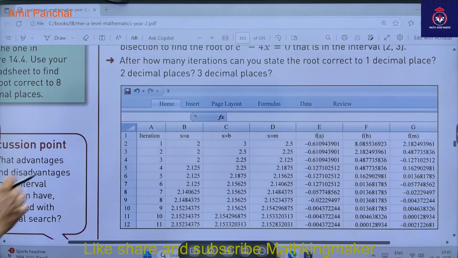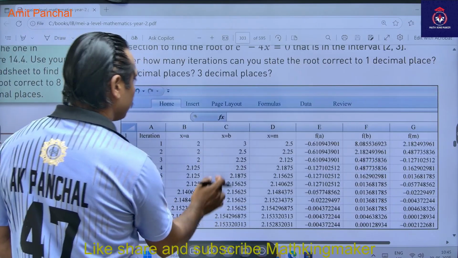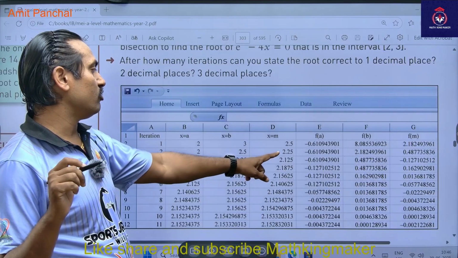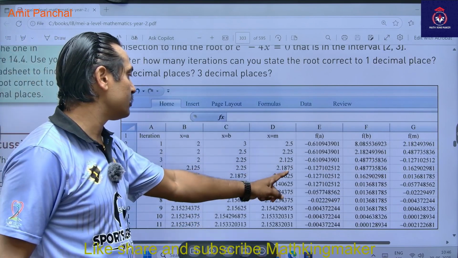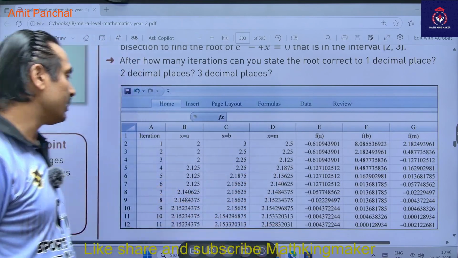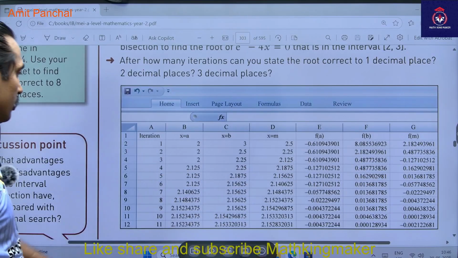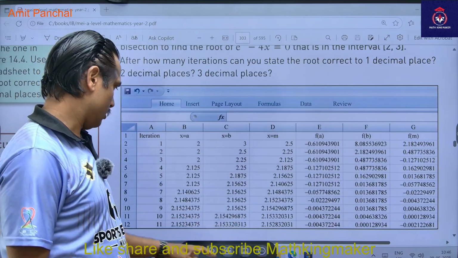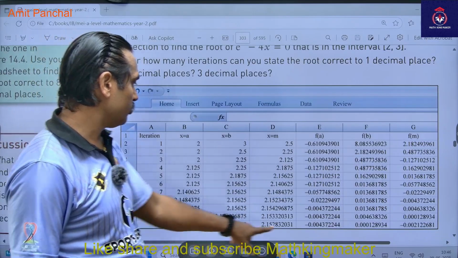And what you are seeing here, the first iteration was giving you value up to 1 decimal place, the second iteration up to 2 decimal places, then 3 decimal places, 4, 5, 6, 7, 8, and after 8 decimal places you will have a value like 2.15234. If you put this value, you get this.